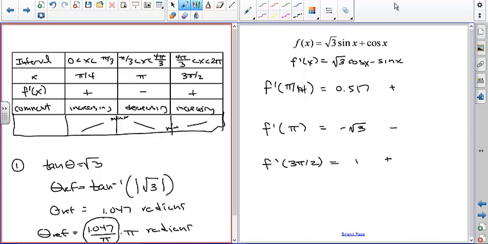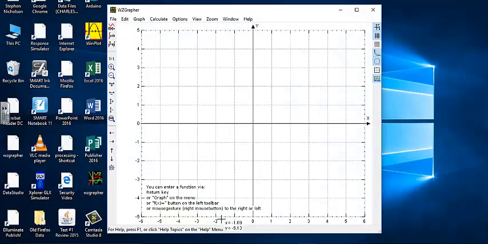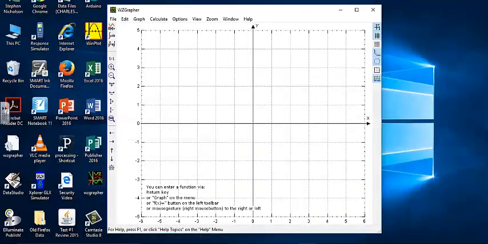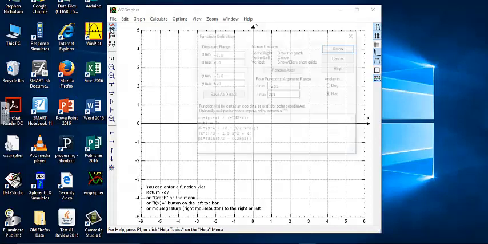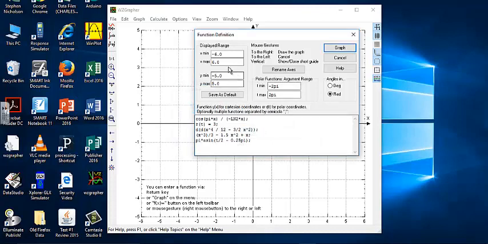So let's verify that we did this right by plotting it. We plot the original function, which is the square root of 3 sine x plus cosine x.